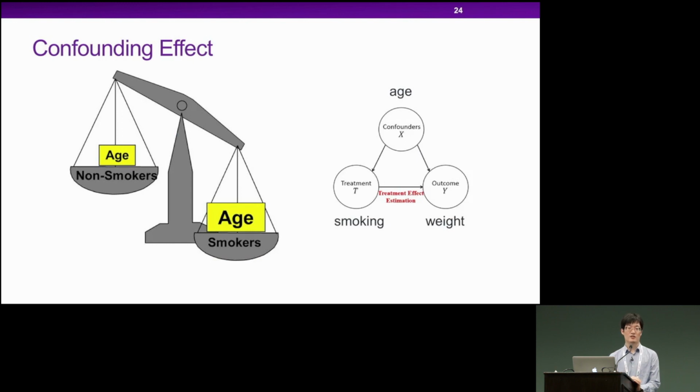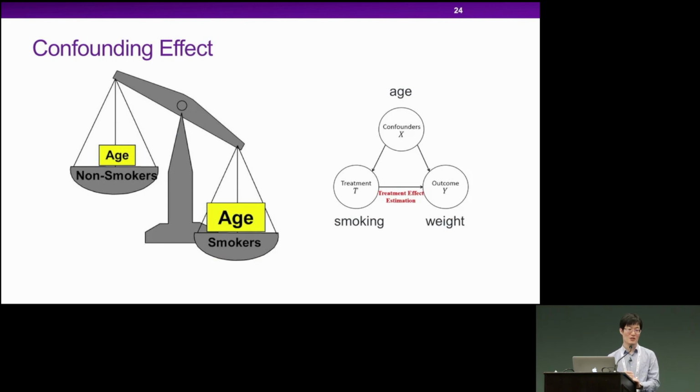So you may draw a superficial conclusion that smoking can cause weight increase, right? But actually there is a confounding effect, which is brought by age. We know that when you grow older, you have much more things to worry about.